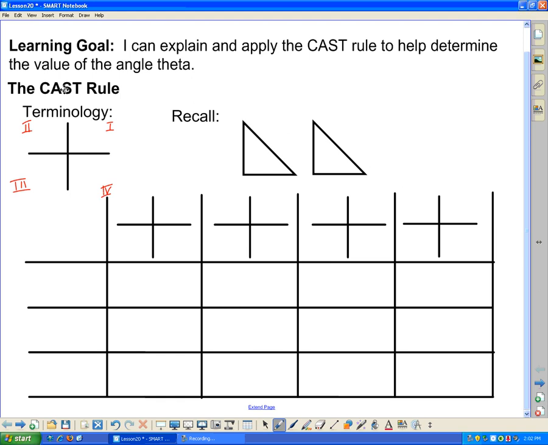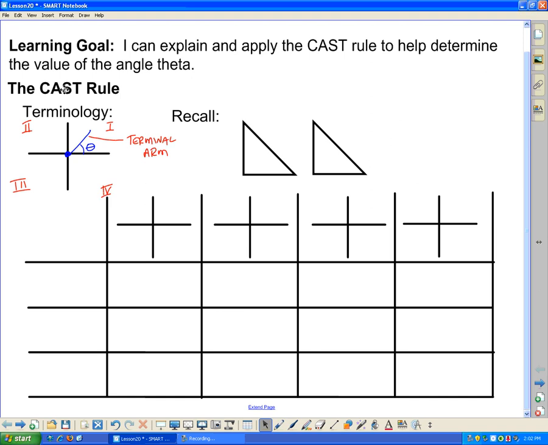The center, or the origin, is always where the line, or terminal arm, will be extended from. When we draw a line in one of the quadrants to make an angle theta, that is called our terminal arm. So there's your terminal arm.